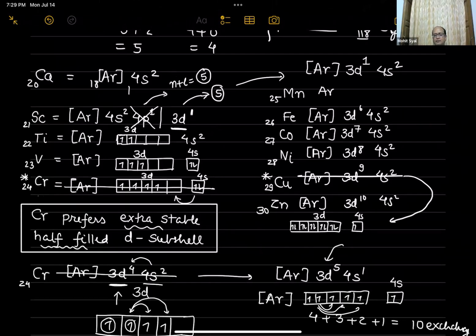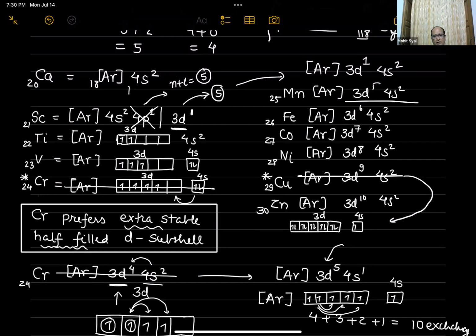So argon, 25, 2 and 5, very simple. 4s2 and 3d5. Mn2+ is 3d5. So Mn2+ is more paramagnetic than titanium because it is having 5 unpaired electrons. Okay. Yes, sir. So this chapter is complete.